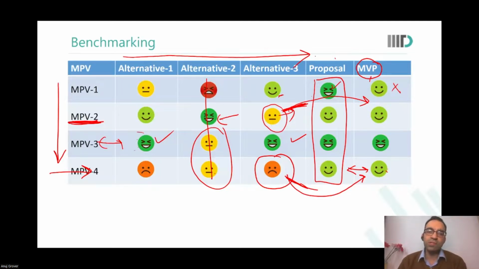Okay, when you do this benchmarking, you will automatically improvise your proposal first, and you will also be able to see where exactly you as a team, as a solution provider are adding value. Are you able to see this?